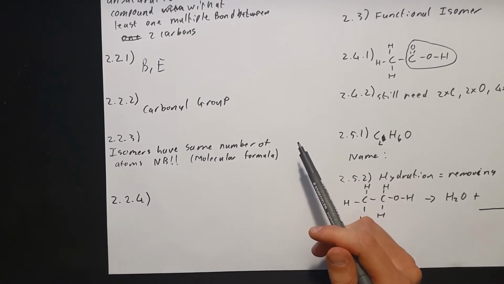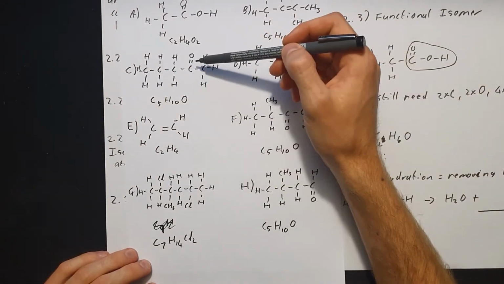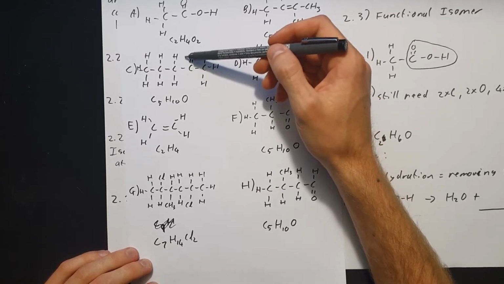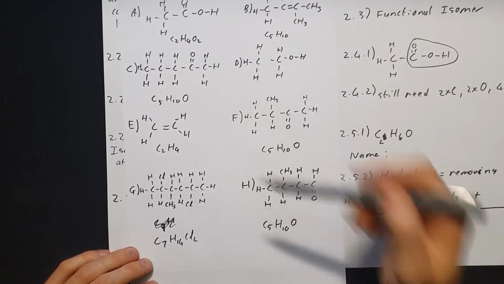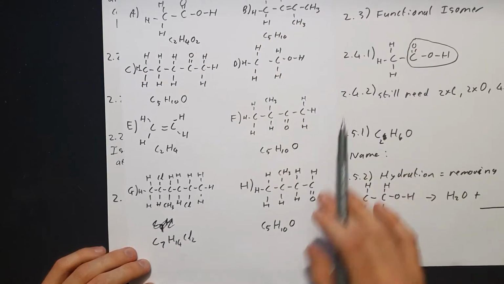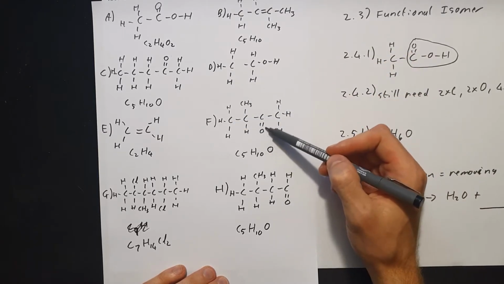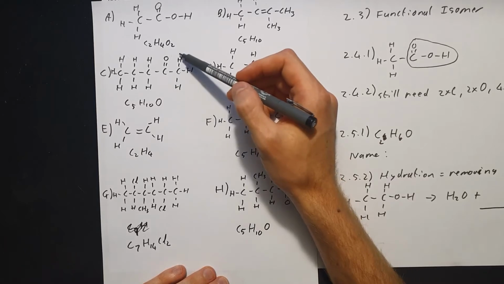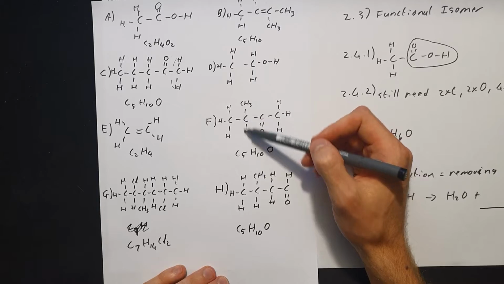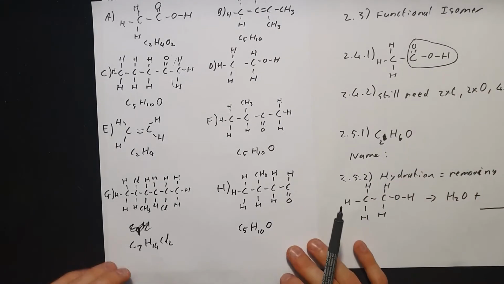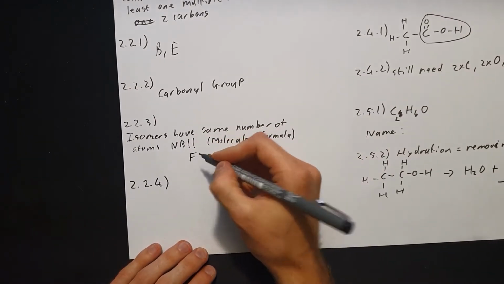If we look at F, I've also got the oxygen double bonded, and all I've done is take off one of the carbons and attach it to form a chain, hence chain isomer. So your answer for 2.2.3 is F.